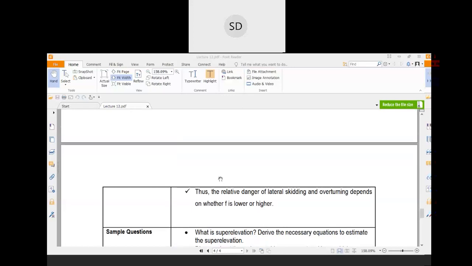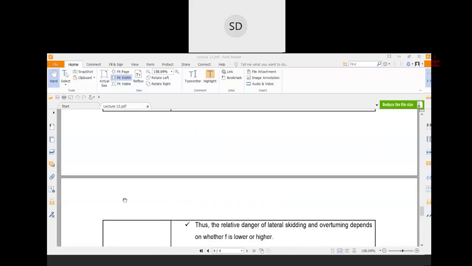Now the thing is how to nullify the transverse skidding effect. Okay, let us discuss by going to the definition.